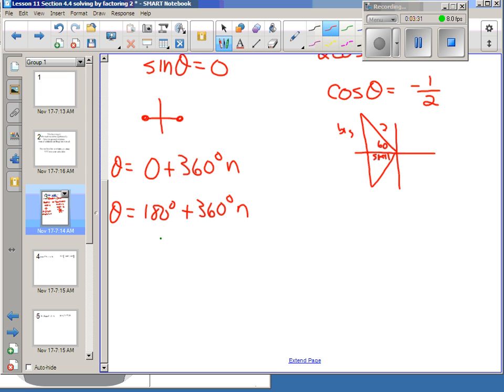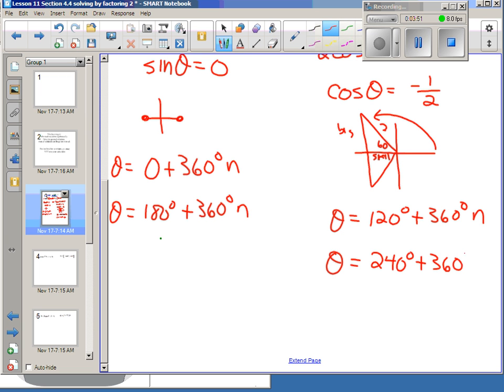So my solutions then: one answer is, if my reference angle is 60, I get 120 plus any multiple of 360, forward or backward. And my other answer, you could do negative 120, that idea of plus and minus cosine inverse, or I can use the number I know, which is also 240 plus 360n.